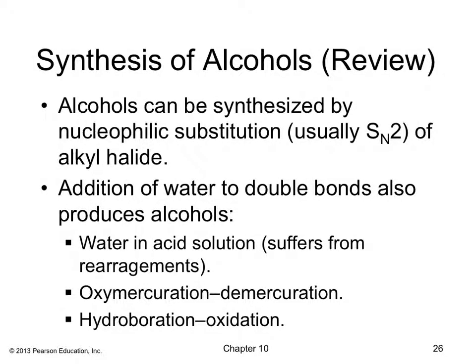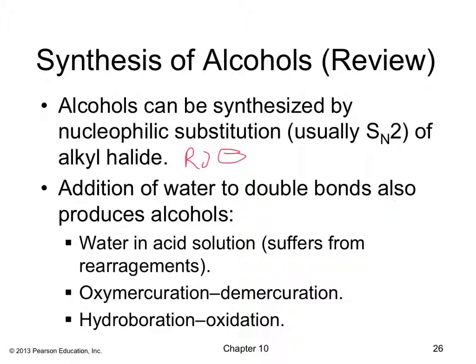So in terms of synthesis of alcohols, this is going to be a review because we've already learned many of the reactions. One way we can form the alcohol is nucleophilic substitution, SN2, of an alkyl halide with an alkoxide, RO minus. You can also do addition of water to double bonds.